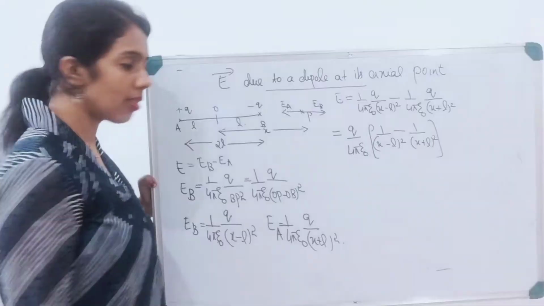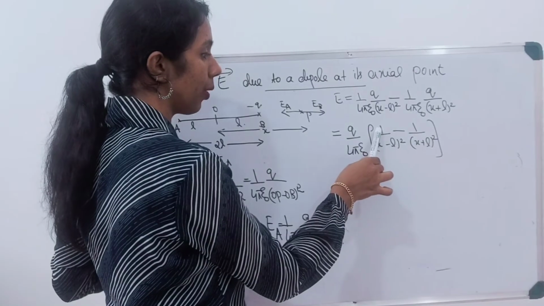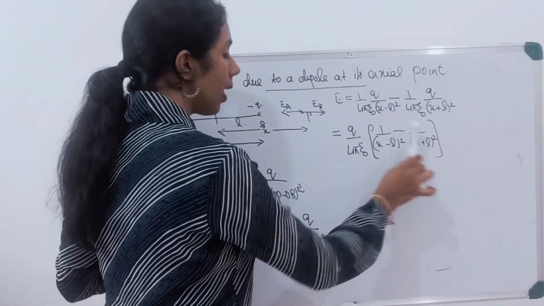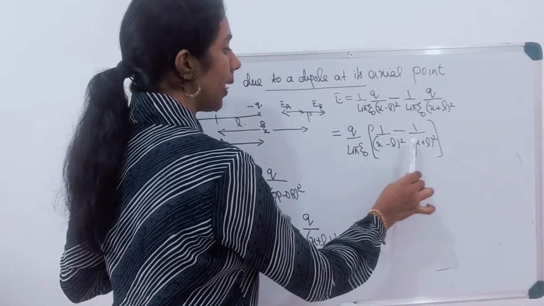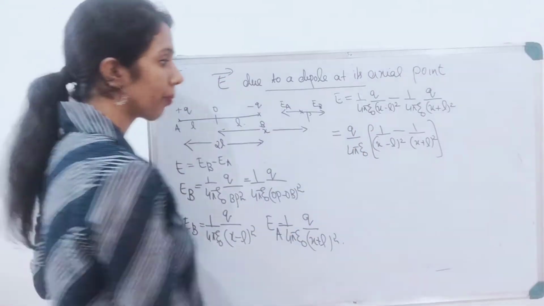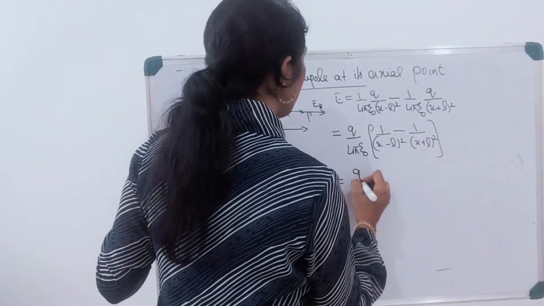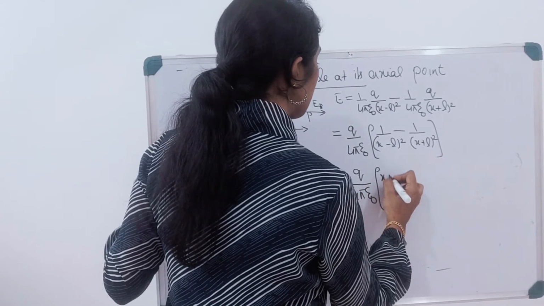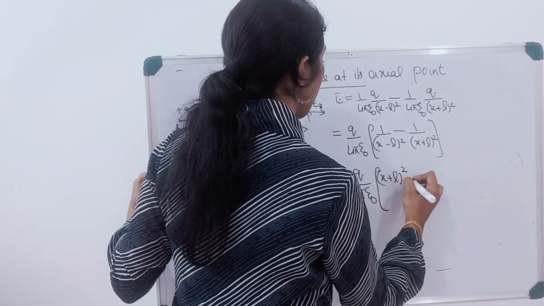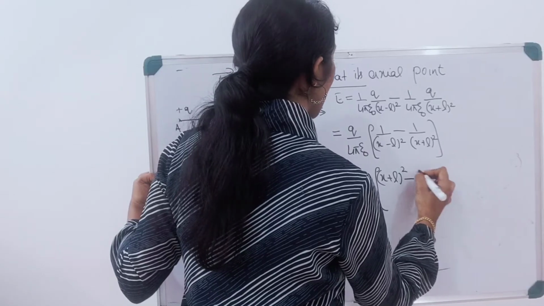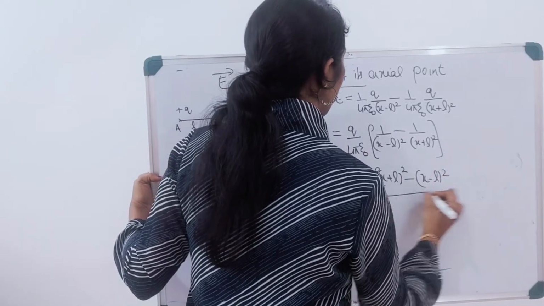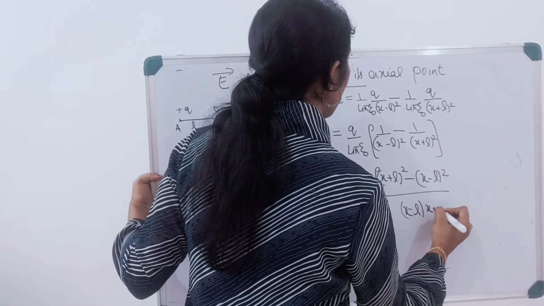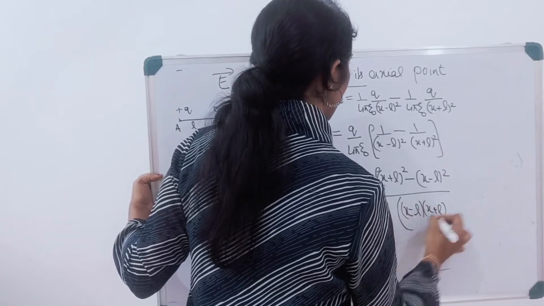Cross multiplying this, x plus L the whole square into 1 minus x minus L the whole square into 1, divided by x minus L the whole square into x plus L the whole square. We can write this as q by 4 pi epsilon 0, x plus L the whole square minus x minus L the whole square, divided by x minus L into x plus L the whole square.